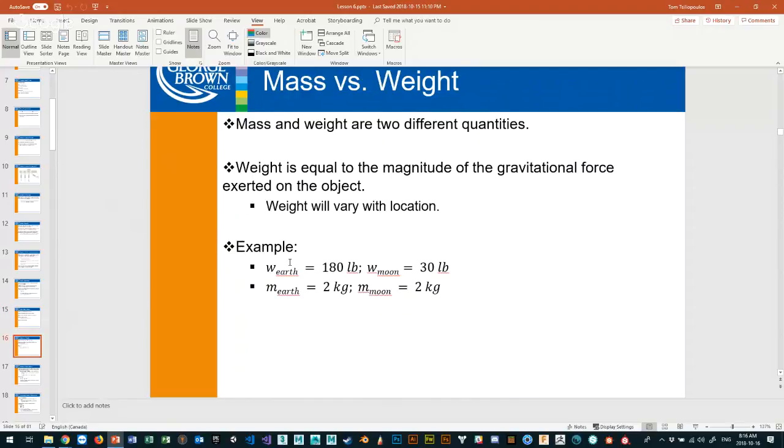And then we talked about this mass versus weight. So we have weight on the Earth. Example is 180 pounds. Weight on the moon is only 30 pounds, but mass in both places is 2 kilograms, right? So we have a certain mass, an amount of stuff that makes up the universe. We're made of star stuff, as people say. Physicists say we're made of the stuff from the stars, our atoms and all those molecules.